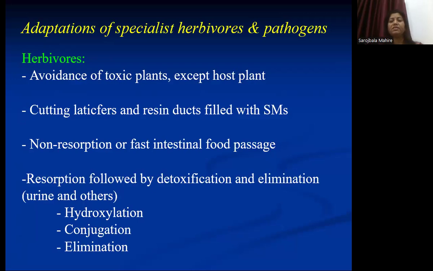Adaptations of specialist herbivores and pathogens.